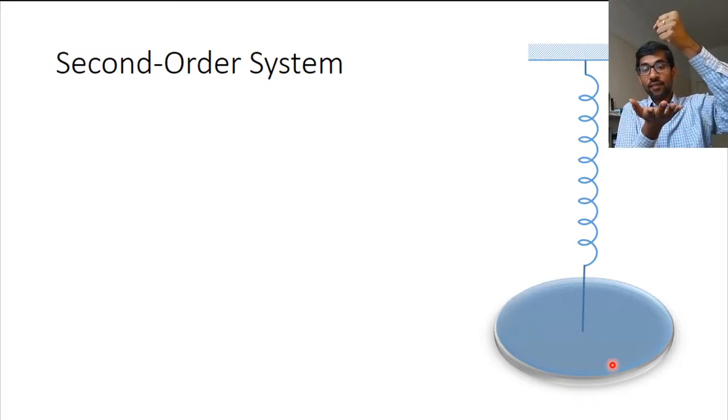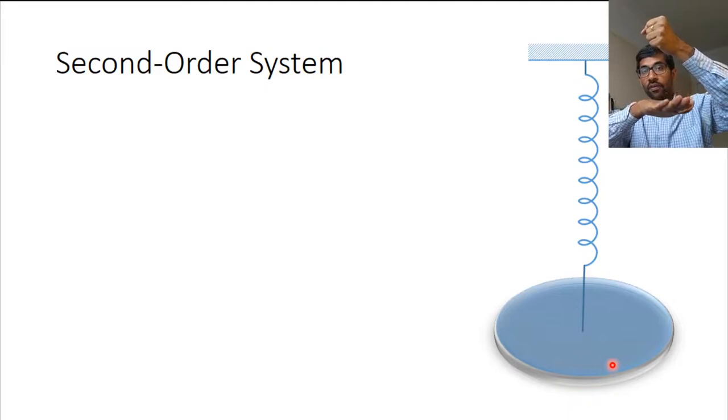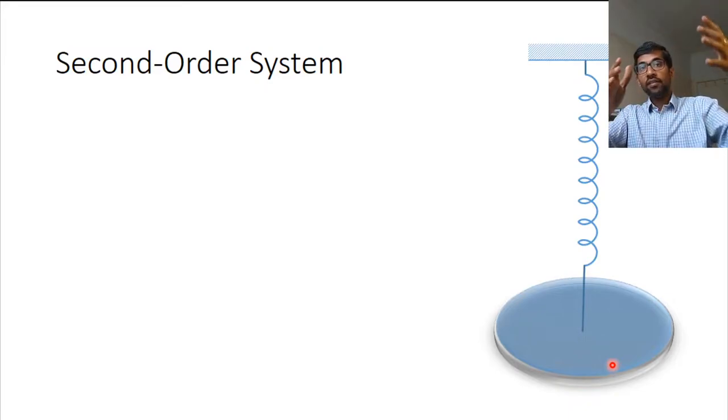In many cases, the plate would go down, and it would go beyond the final value, and then go up, and then it will keep oscillating and slowly settle down in its proper value. So you put a weight and it just goes like that. That's a second order system.